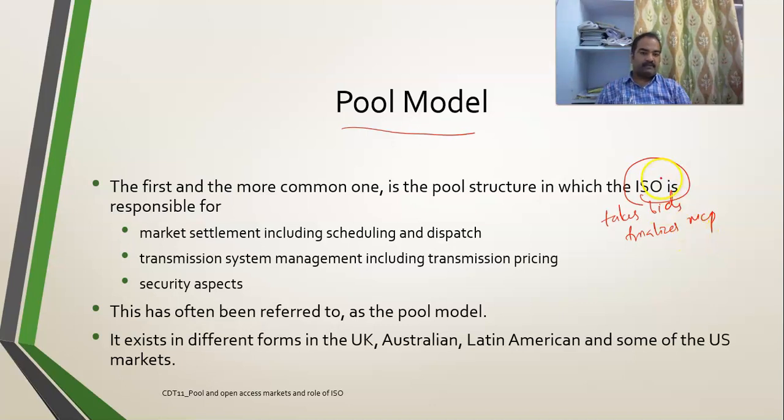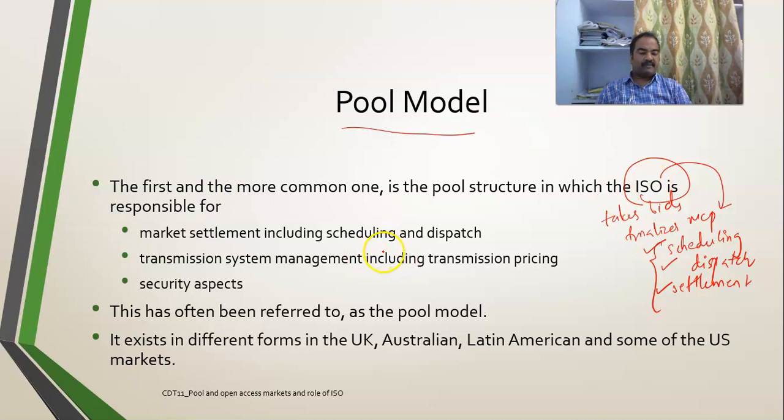So the ISO is responsible for scheduling, dispatch, and after that the settlements also. These three things, scheduling, dispatch and settlement, will all be carried out by the independent system operator.